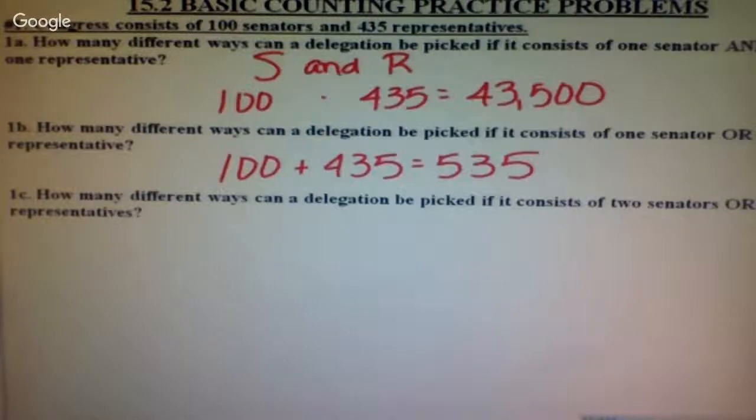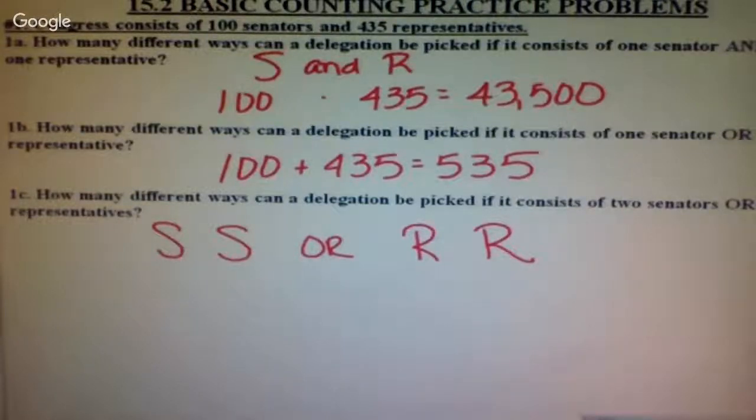Okay. C, how many different ways can a delegation be picked if it consists of 2 senators or 2 representatives? So I need a senator and a senator, or a representative and a representative. So it will be 100 times 99 plus 435 times 434.